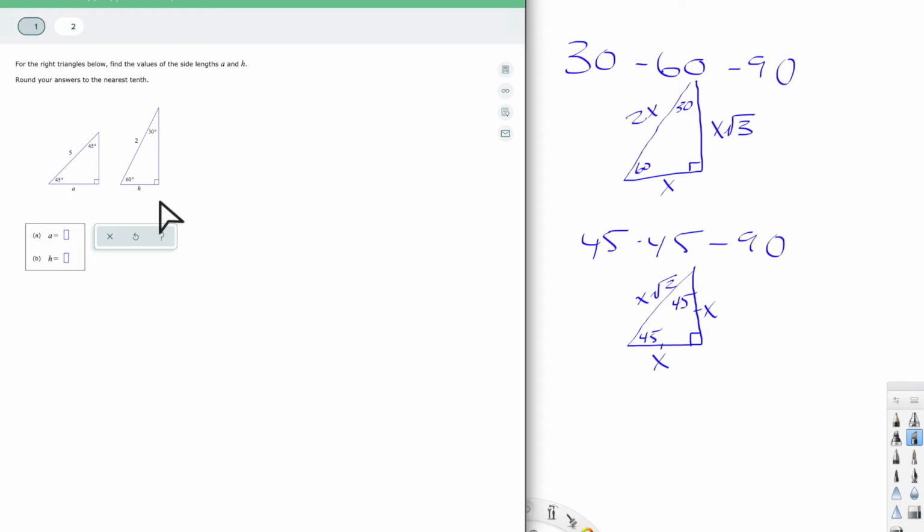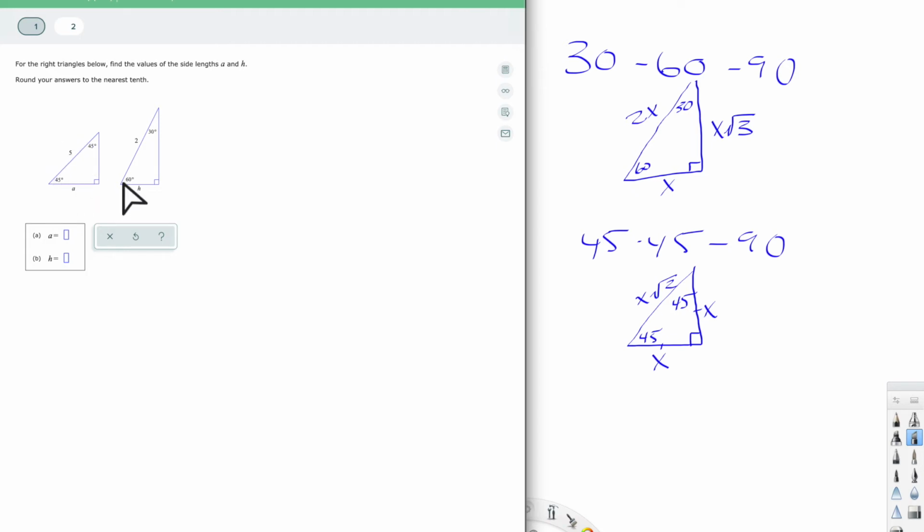And the main thing with this one is it's a right triangle. If we had at least 2 of the pieces, we could definitely use Pythagorean theorem. We don't have 2 of the pieces, though. With this one, we could actually figure it out a little bit easier because it's going to be a and a as far as the length. So I'd have a squared plus a squared equals 5 squared because of Pythagorean theorem. But using these special right triangles, I don't have to use Pythagorean theorem.